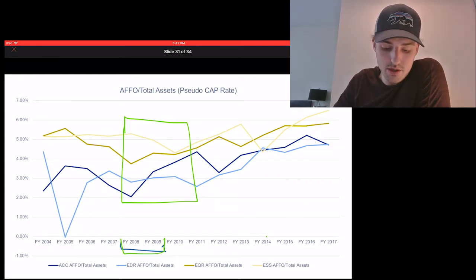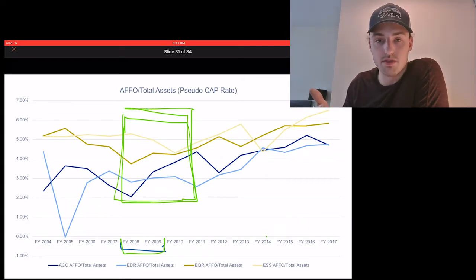So as long as you're able to ride out that period, you could emerge on the other side where asset prices recovered.